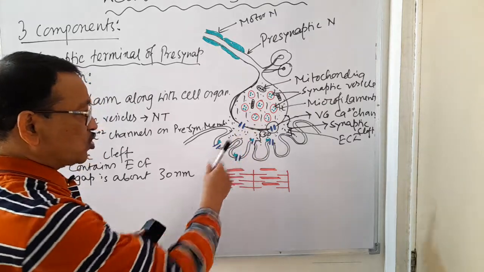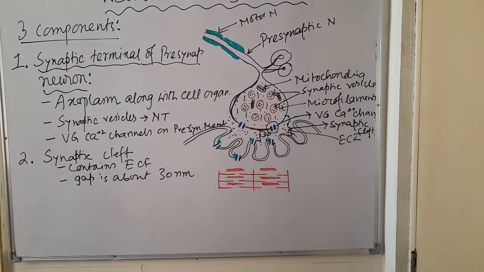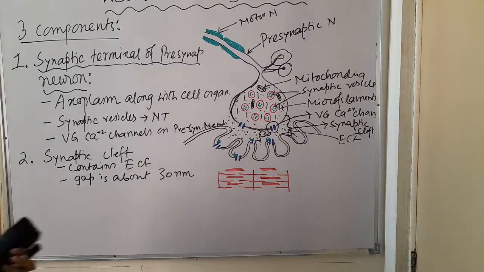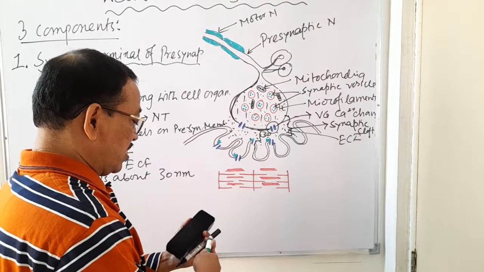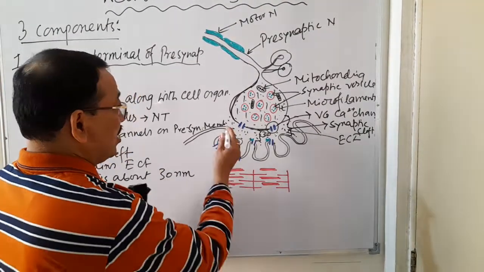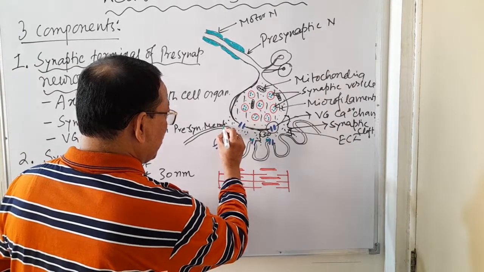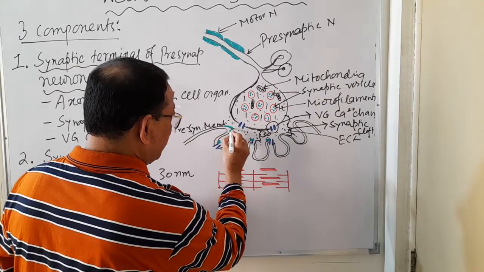This gap also contains a structure that is actually part of the sarcolemma membrane, which is known as the basal lamina.